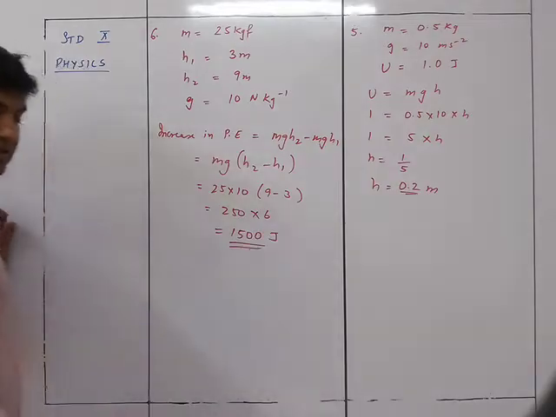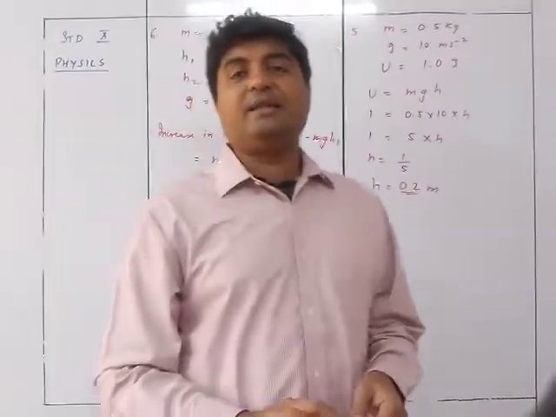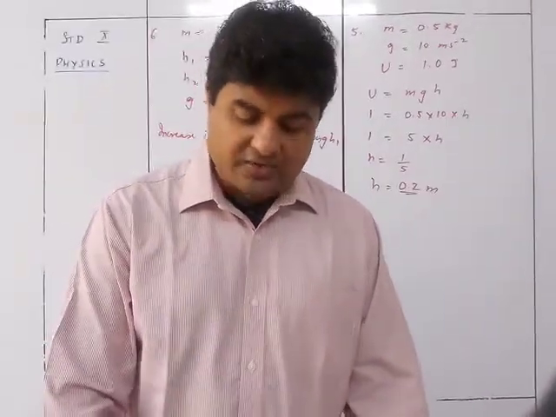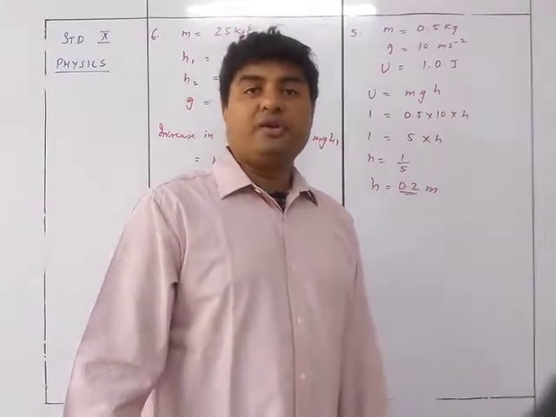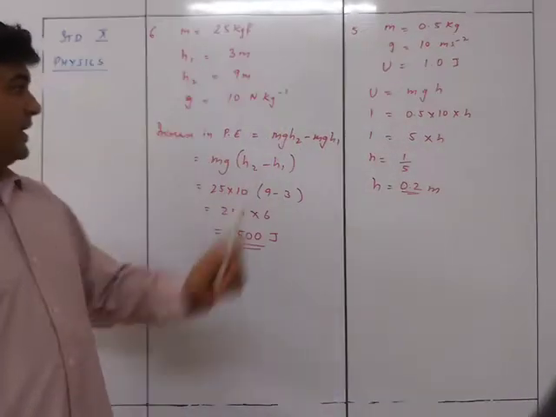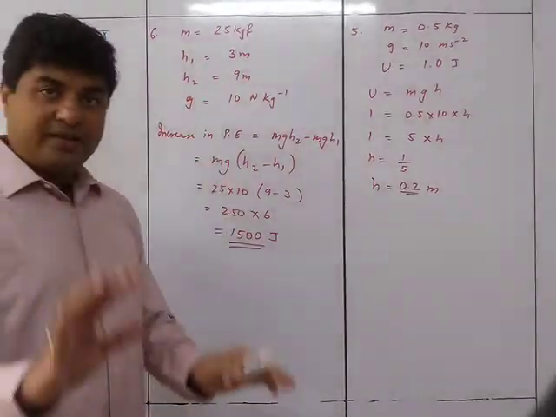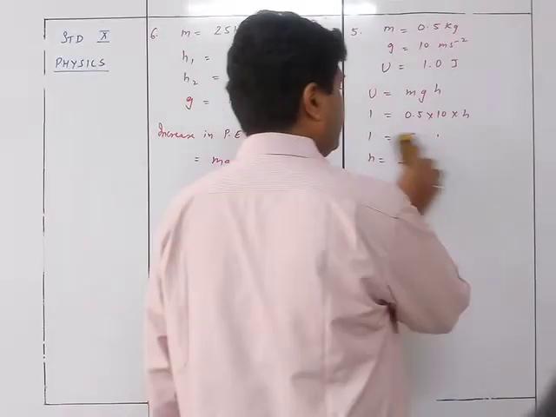So that's the answer. 1500 joule will be the increase in the potential energy of the body when it is taken from the first floor to the third floor. The difference in the height was to be taken because at 3 meters it was already there, so we cannot take 9 meters directly. It is from 3 to 9.